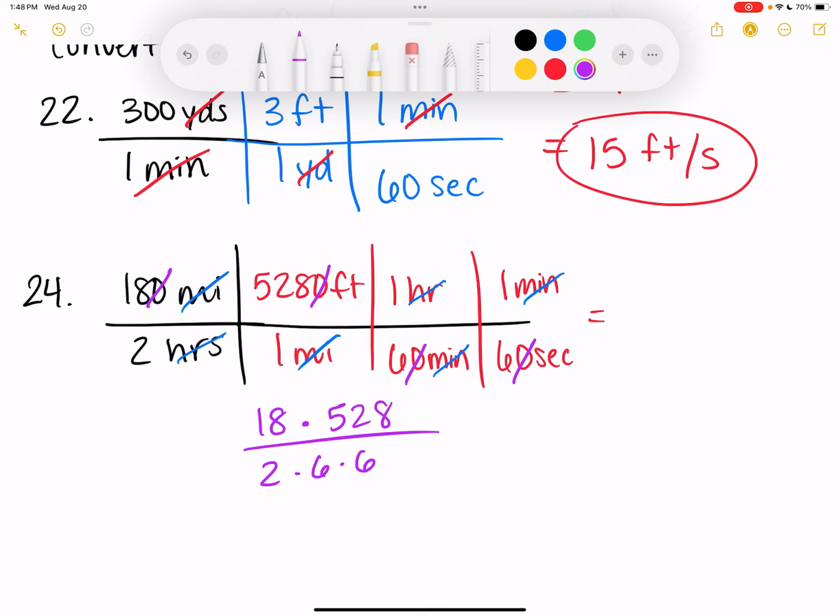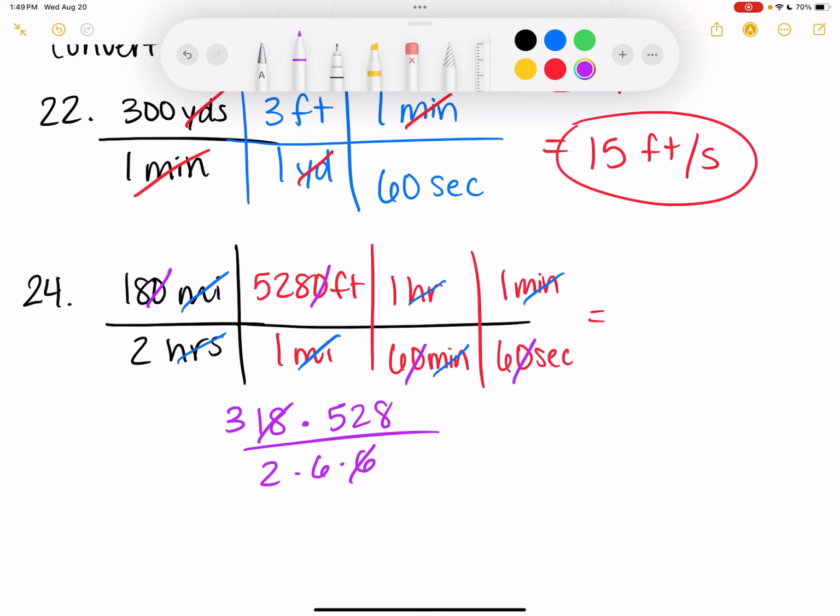Do y'all want to just multiply and then divide, or do you want to reduce it first? I don't care, it's up to y'all. I like to reduce. I'm going to reduce. How many times does 6 go into 18? 3. So I'm going to change that to a 3.